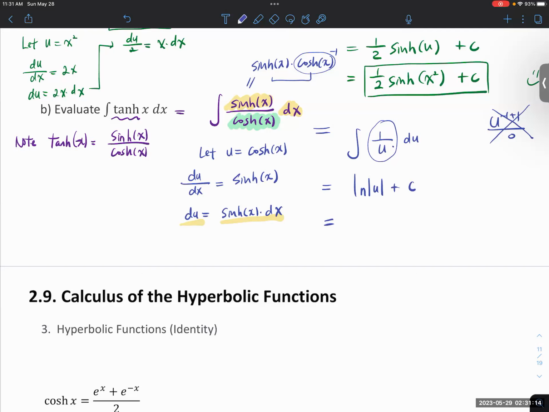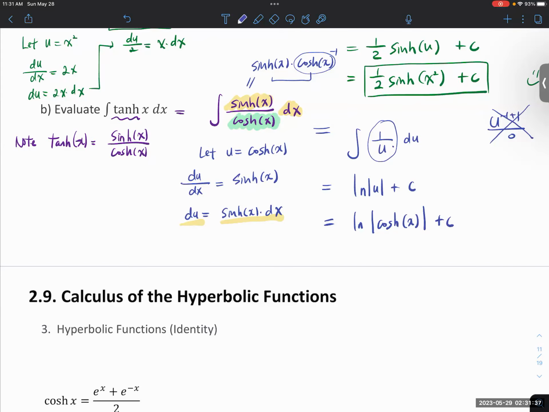And then we go back: ln(cosh x) plus c. So you can find that answer. Okay, so we got this concept.